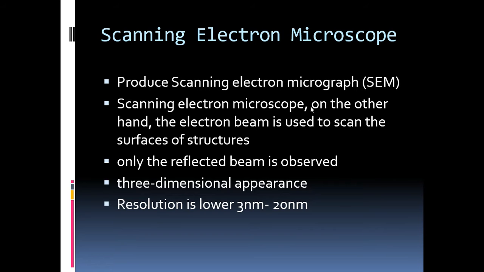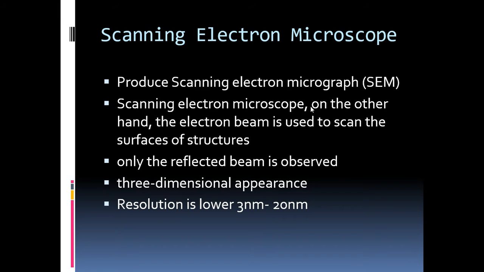The second type of image is known as the scanning electron micrograph, or in short, SEM. In the scanning electron microscope, the electron beam is used to scan the surface of the structure. And unlike the transmission electron micrograph, in the scanning electron micrograph only the reflected beam is observed.